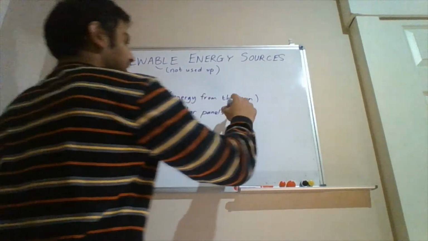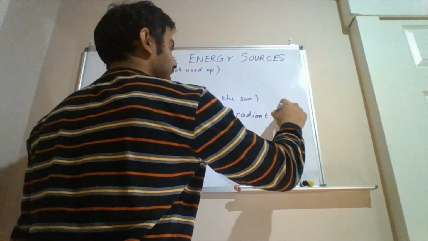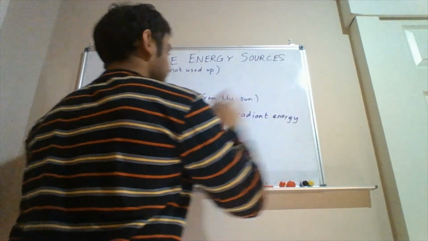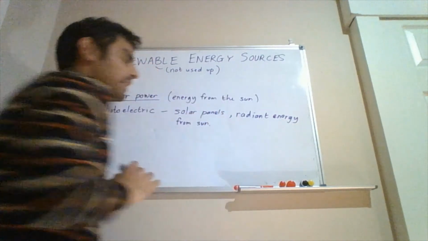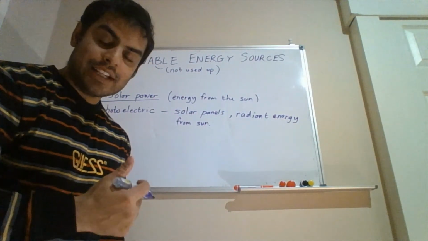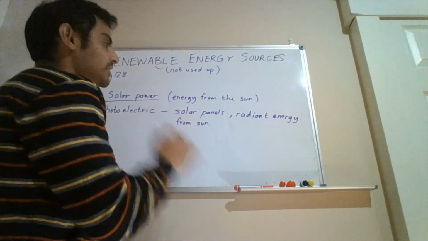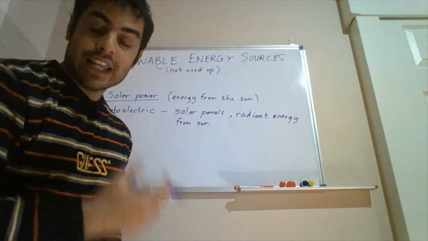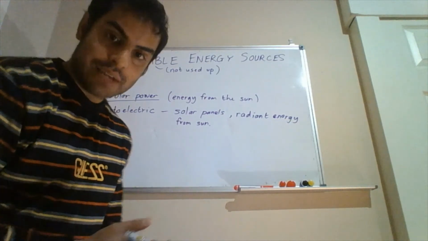The solar panels capture the radiant energy from the sun. Okay, so radiant energy is like the light energy. The heat energy is captured in a different application. Okay, so make note, radiant energy, light energy, and that's also the same energy that plants are capturing.